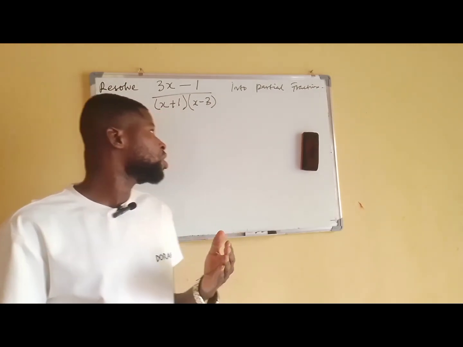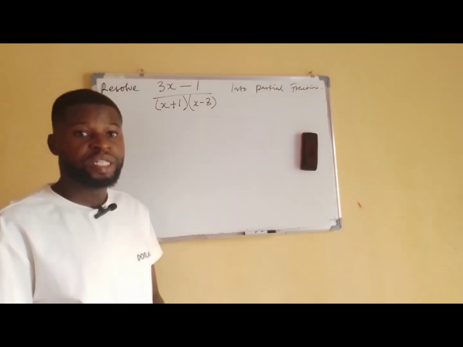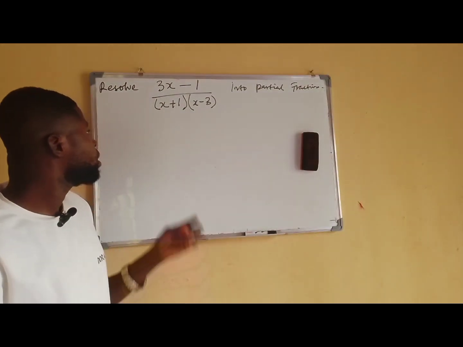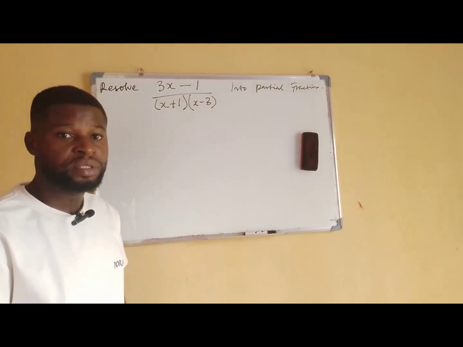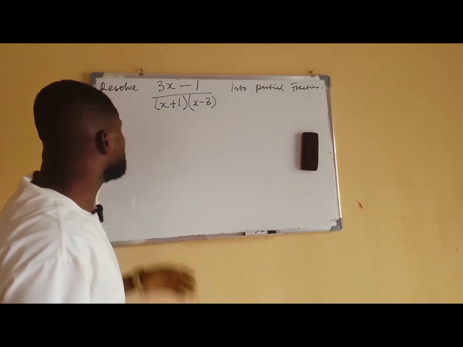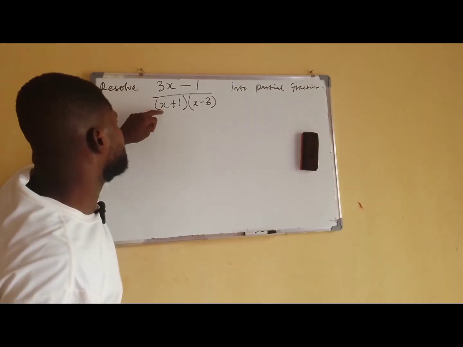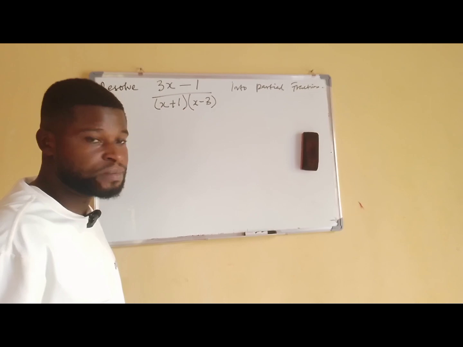I just want to tell you one of the things you need to know about partial fractions. Each time a question is given, what are the things you should consider? One is to check the power of the numerator and the power of the denominator.